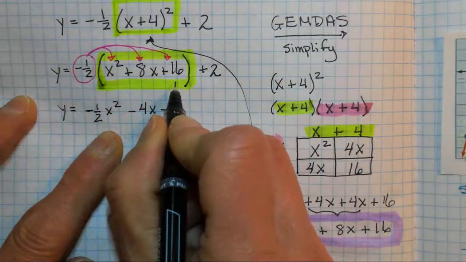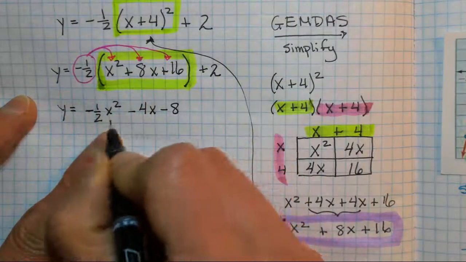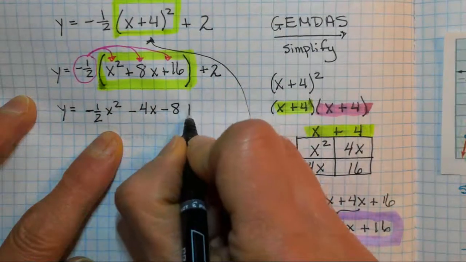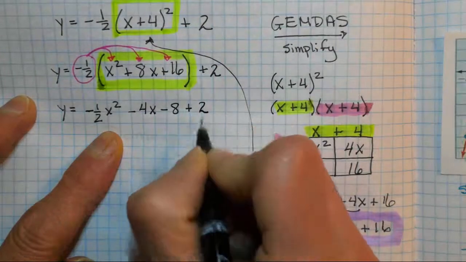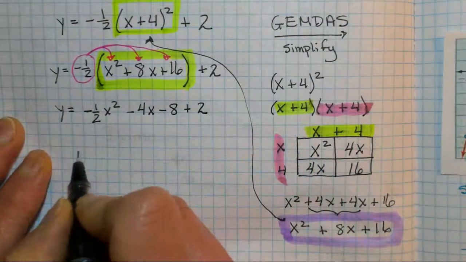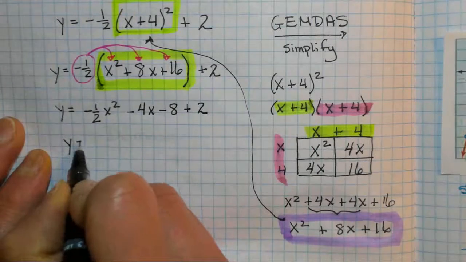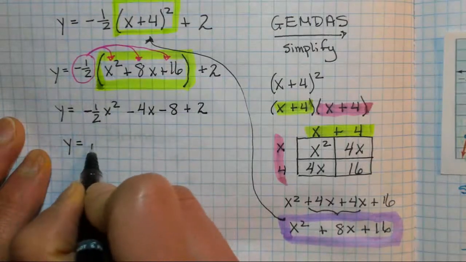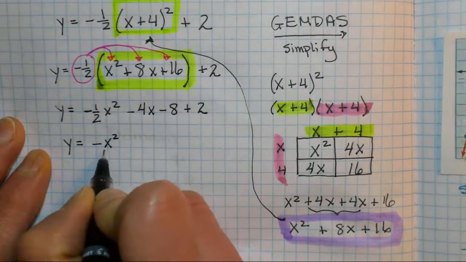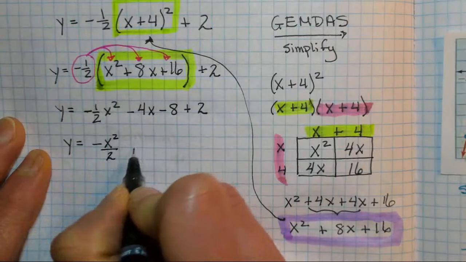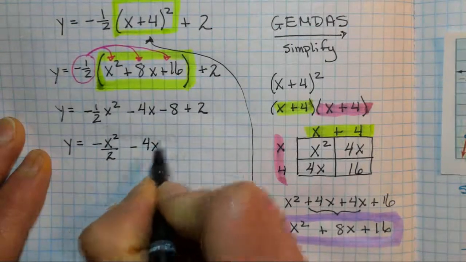So I've just multiplied inside. I don't need the parentheses anymore, but I still have this plus 2, so I'm going to put the plus 2 here. So now I'm going to simplify it one more time. So y is equal to, well, this can be simplified to be negative x squared over 2 minus 4x.